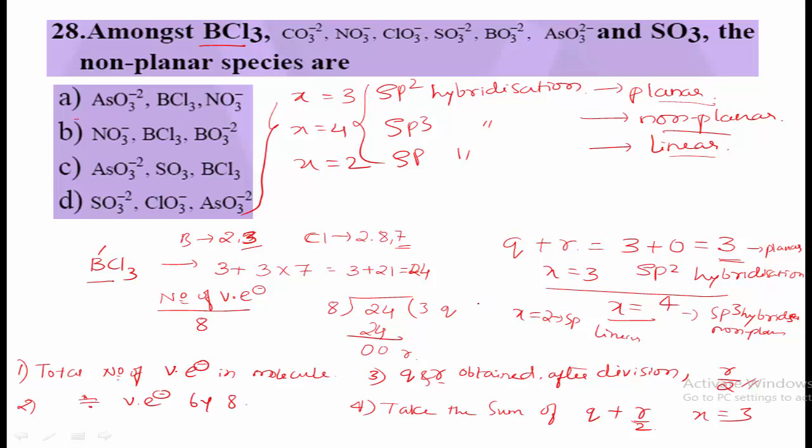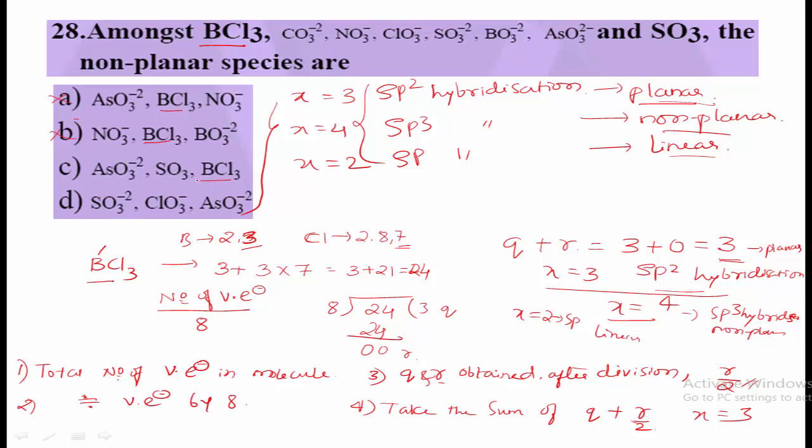Now BCl3 will undergo sp2 hybridization. Since it undergoes sp2 hybridization, its structure would be planar. Now they asked for the non-planar species. So option A consists of BCl3, therefore it is a planar species. Option B also consists of BCl3, so this option is also not possible.